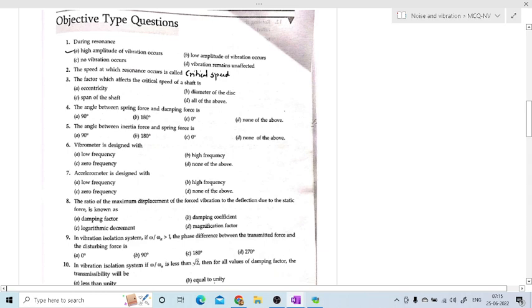Okay. And this same critical speed is also called whirling speed. Its third name is whipping speed. So all these terms whatever I am talking are same.